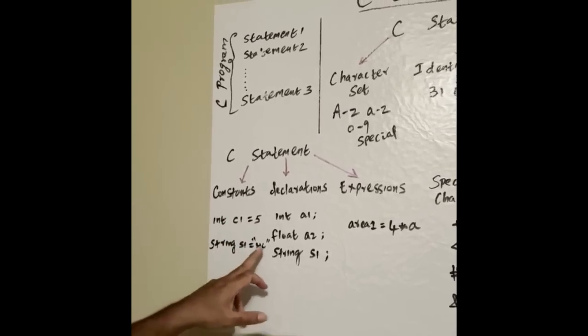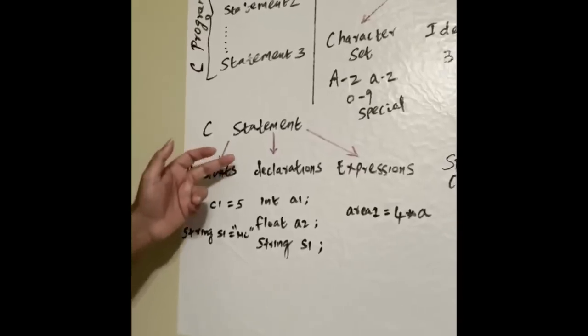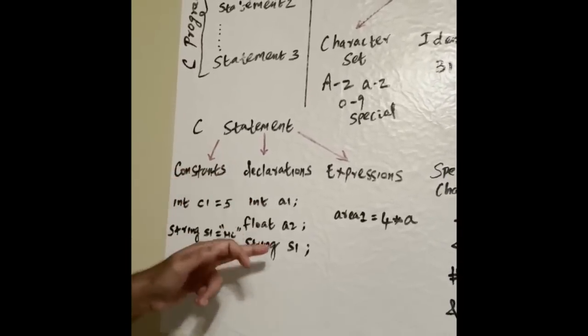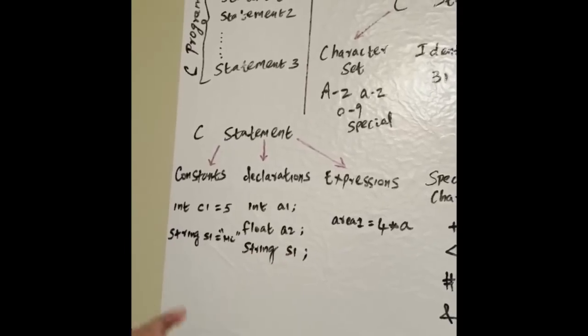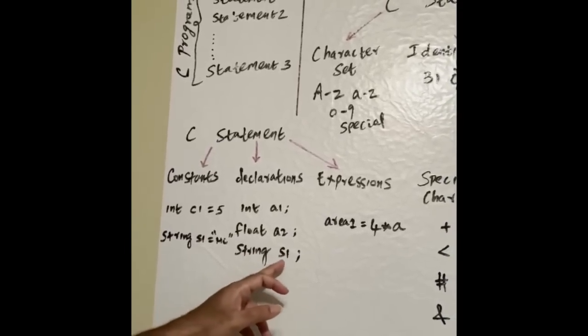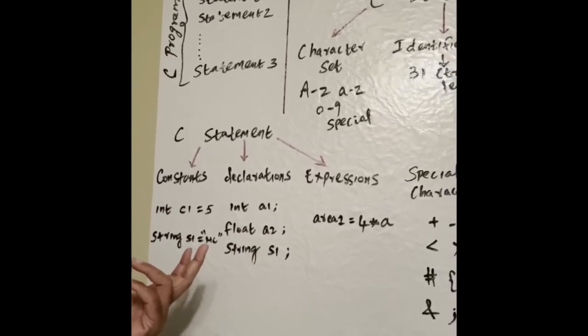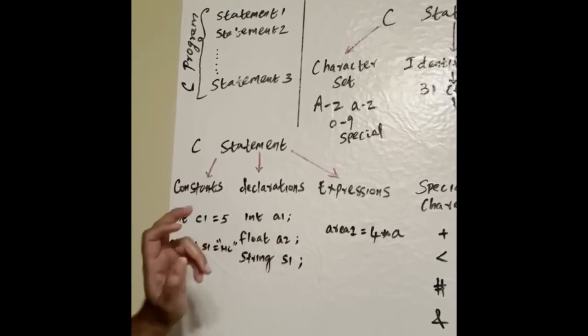String S1 is equal to "hi", that is the value of S1. And the declarations, we are declaring int A1, float A2. S1 is a string data type. So you can store all kinds of strings in here. A2 will have a decimal value like 2.3, 2.4. This one will have whole numbers, A1 equal to 100.